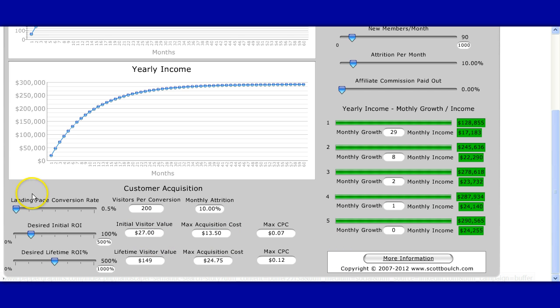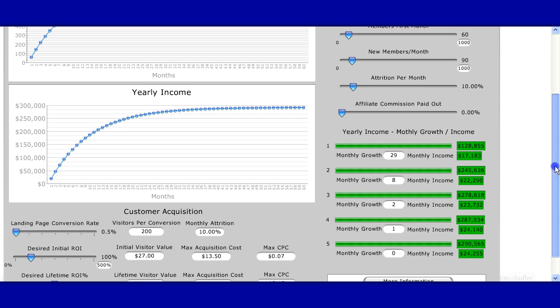Now, here's our landing page. This is how we're generating leads. This is our conversion rate, our sales percentage. In the example up here, I did talk about how I get on the phone and can do 60 sales a month easy.